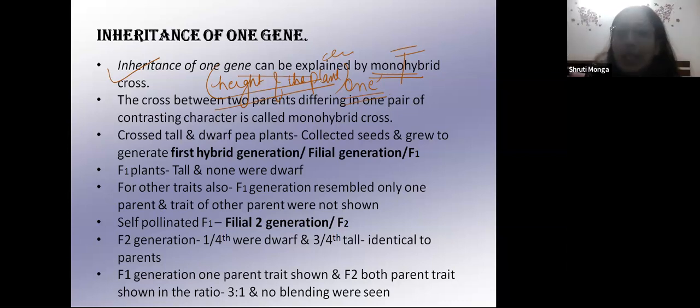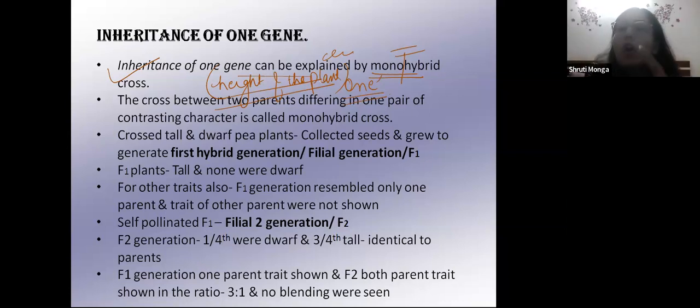The plants being crossed he referred to as parents. The new generation that came up he named the F1 generation. The further generation which came up he called the F2 generation. This is the basic outline of his experiment.